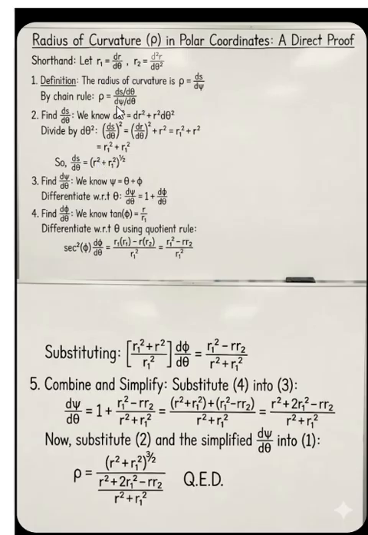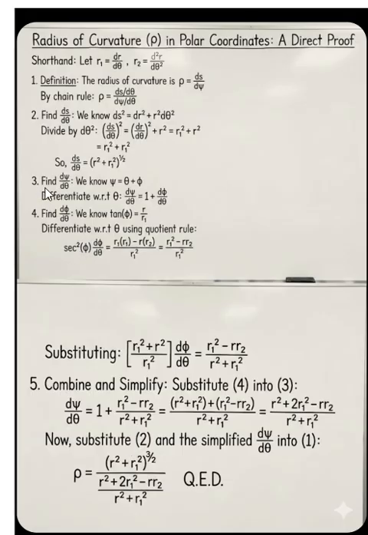And d psi by d theta, we have just found out this is the value. Now we require rho is equal to ds by d theta divided by d psi by d theta; in the place of ds by d theta we can put this, and d psi by d theta we can put this. Now finally we can get the radius of curvature is equal to this. So this is how we can prove this. The things are very easy.